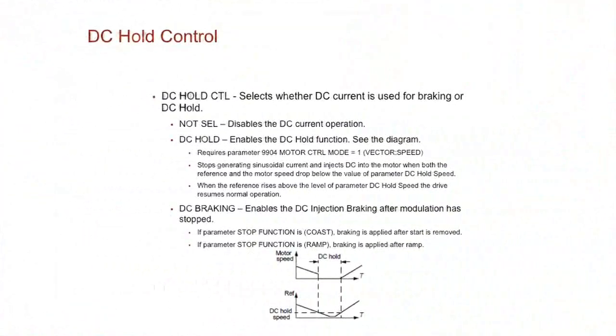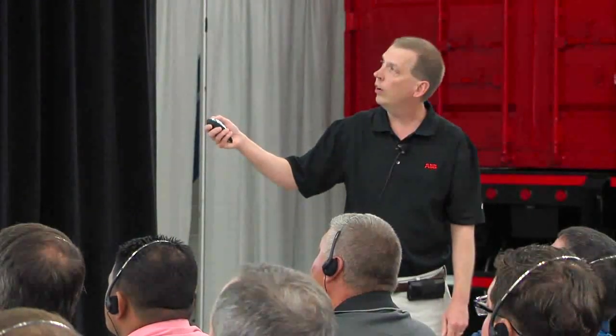There's some DC capabilities in a drive. It's an AC drive, but it can output DC. It can output DC because we've got a DC bus there. If we want DC, all we really have to do is close the switches. So we can put DC on the motor, on 2 legs of the motor, and that will have the effect of holding the motor. We can implement what's called a DC hold function.